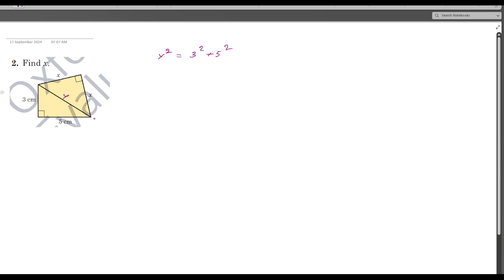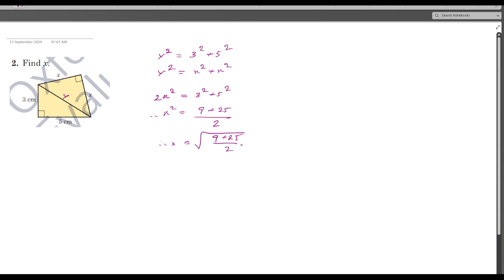Also, if I consider the triangle which is above, I have y square is equal to x square plus x square. So therefore x square plus x square, which is 2x square, will be equal to 3 square plus 5 square, and therefore x square will be 3 square, which is 9, 5 square 25, divided by 2, and therefore x is equal to square root of 9 plus 25 divided by 2.